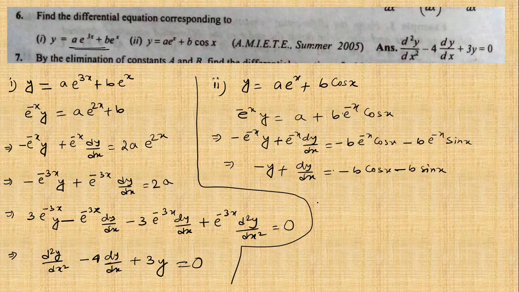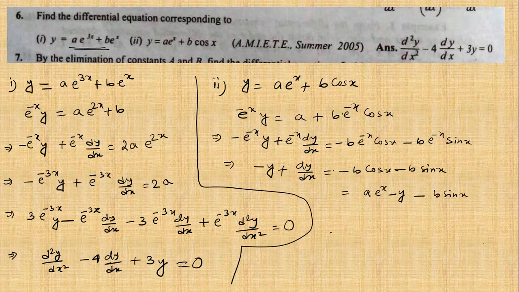Okay, so if you take the derivative again, that is dy dx plus d2y dx square plus b sin x, and you can write here minus b cos x, that is a e to the power x minus y minus b sin x.